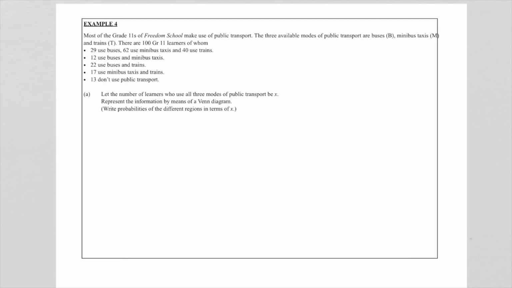Let's look at this next example. This problem says that most of the grade 11 learners from Freedom School make use of public transport. There are three available modes of public transport, and they are buses, minibus taxis, or trains.